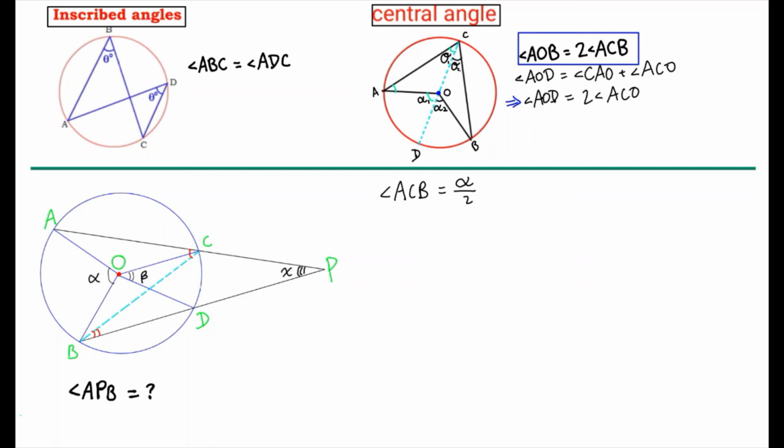Similarly, for angle CBD over here, it has the arc CB, since angle COB, also known as beta, shares that arc. That means that angle BCD is equal to beta divided by 2.